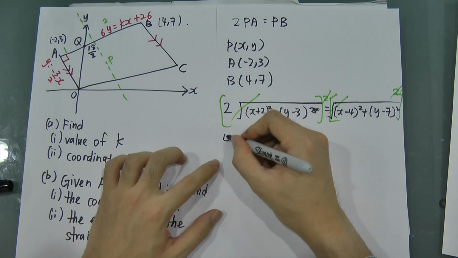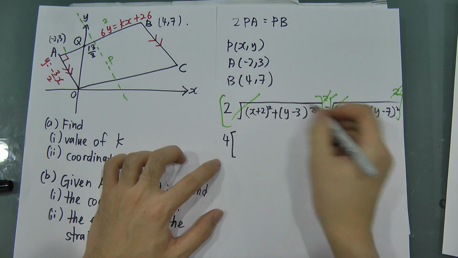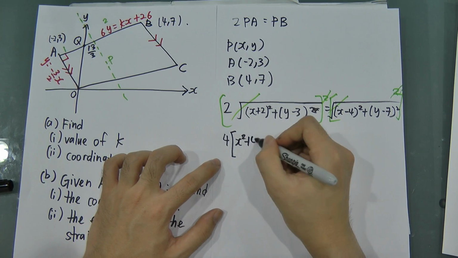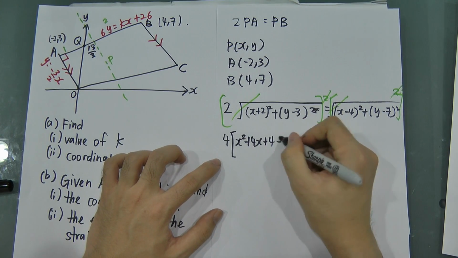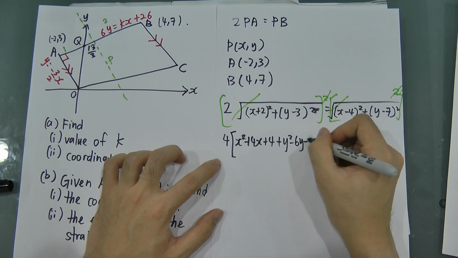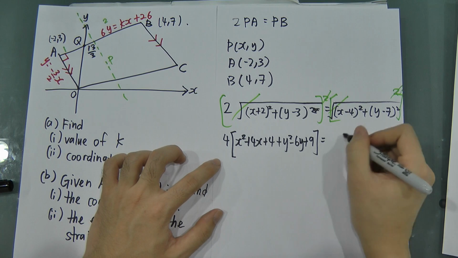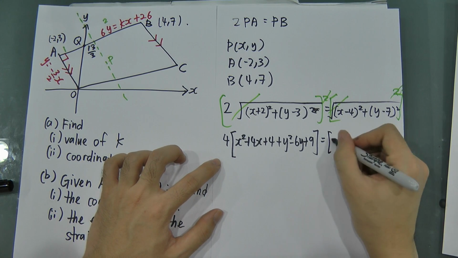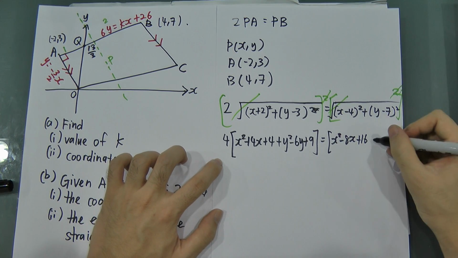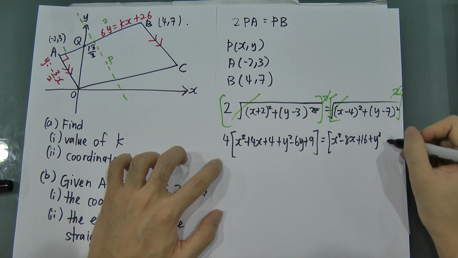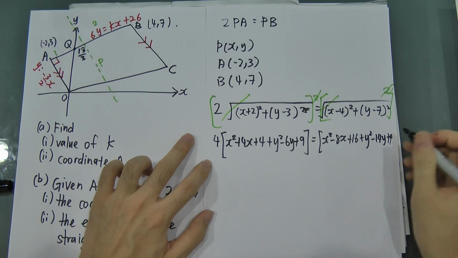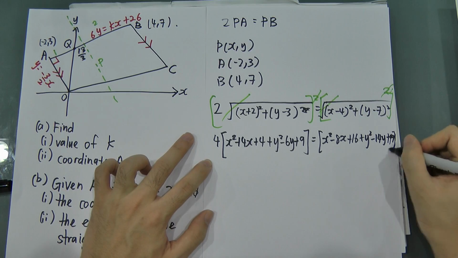So you have got 4. And then bracket, I'm going to solve this one. It's going to be very long. So this one is x squared plus 4x plus 4 plus y squared minus 6y plus 9, alright, equals to, I'm going to solve this one, x squared minus 8x plus 16, plus y squared minus 14y plus 49. Alright, I know there's not enough space for me to write.